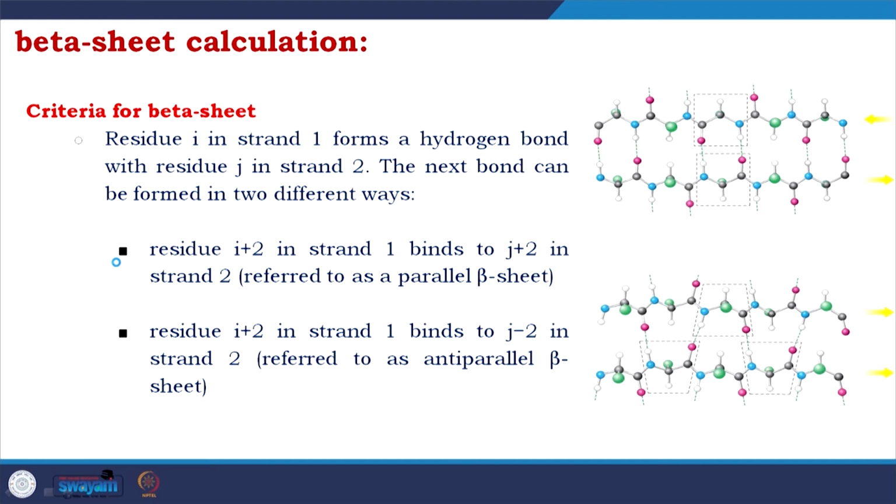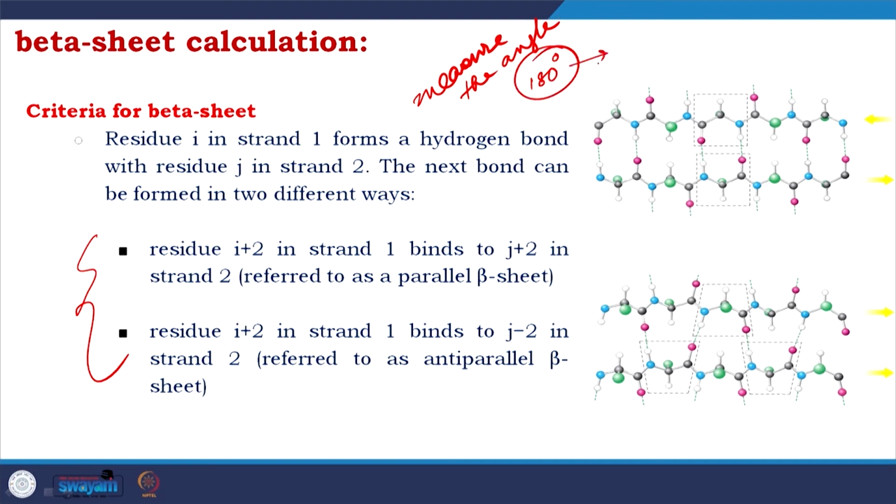So, you could do that. In addition, you could measure the angle between i and j, where the hydrogen bond is formed. If the angle is 180 degrees, it is anti-parallel.